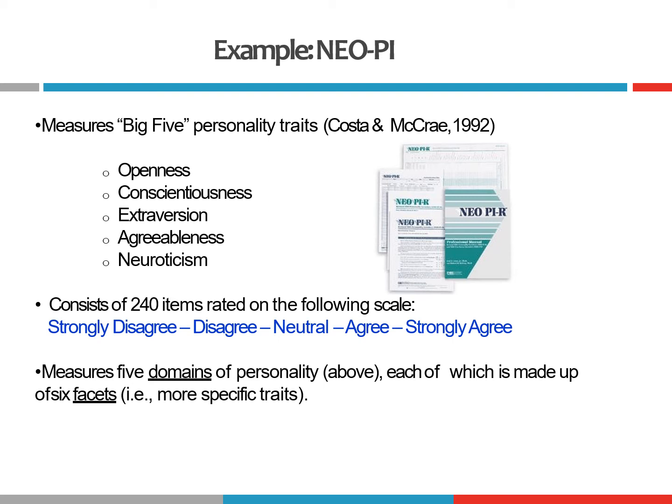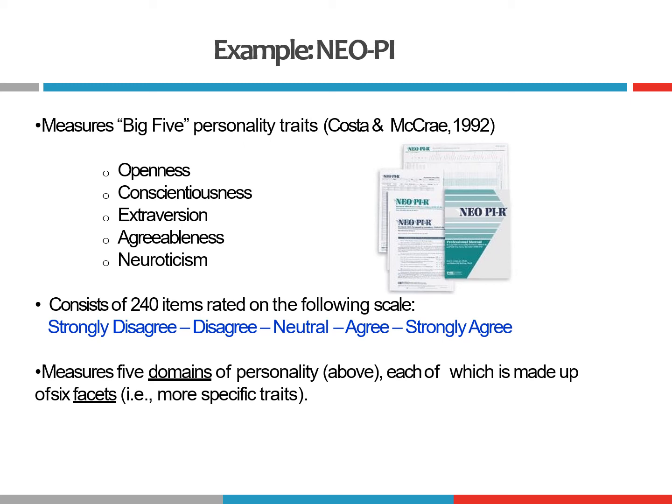Okay, so the big 5 consists of openness, conscientiousness, extroversion, agreeableness, and neuroticism. Okay? And there are a total of 240 items that are rated on a Likert scale, ranging from strongly disagree all the way to strongly agree.